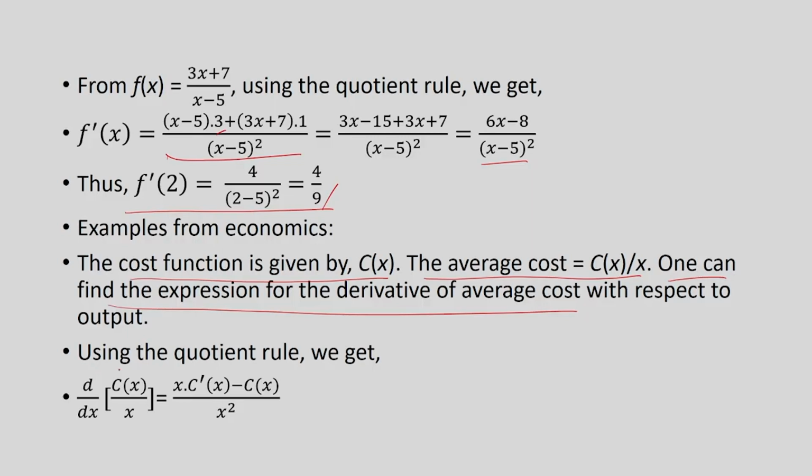Now, we use the quotient rule. On the left hand side you have d/dx of C(x) divided by x, and if I use the quotient rule, I get this expression: x multiplied by C prime of x minus C(x), divided by x square. Now, let us simplify it further.